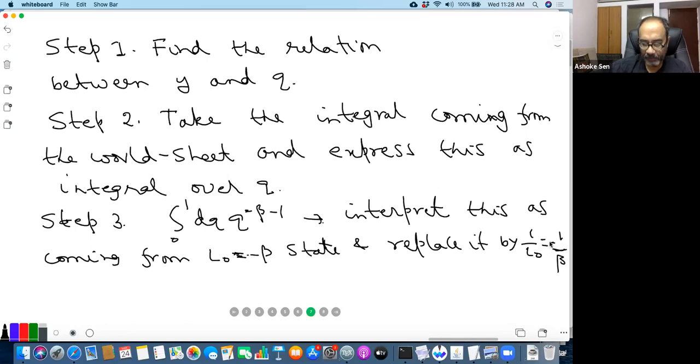Because we have seen that when you try to represent 1 over L0 for negative L0, you get divergences.